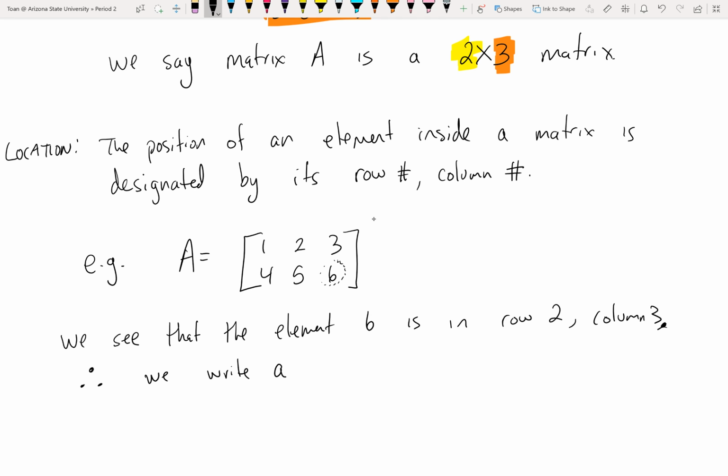So I'd say little a, subscript 2, comma 3, is 6. Are we okay with this notation here? This literally says the element in matrix A in row 2, column 3 is 6. That's how you read that notation.